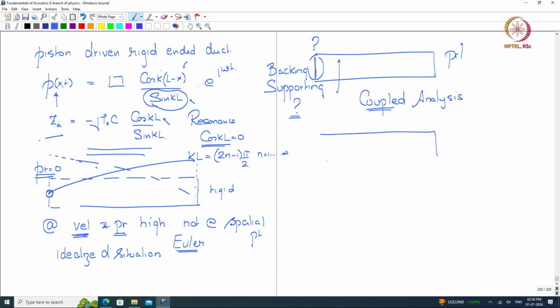There is a duct, there is a piston, the piston has a mass, the piston is supported on a spring s, the piston is backed by a damper, and of course there is a harmonic force acting.